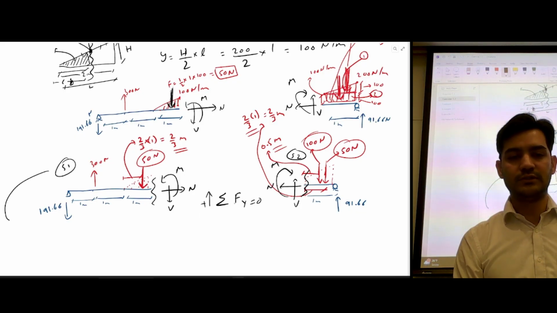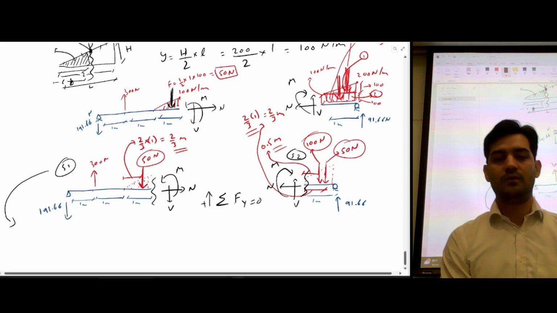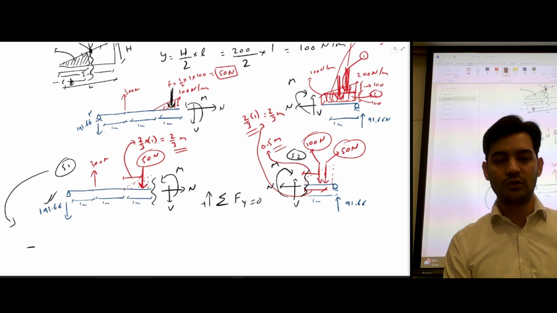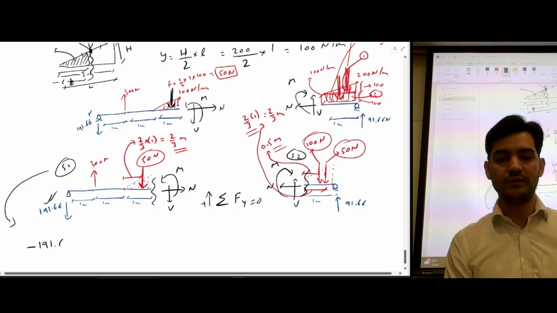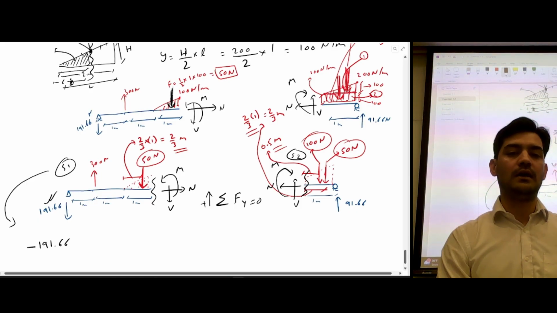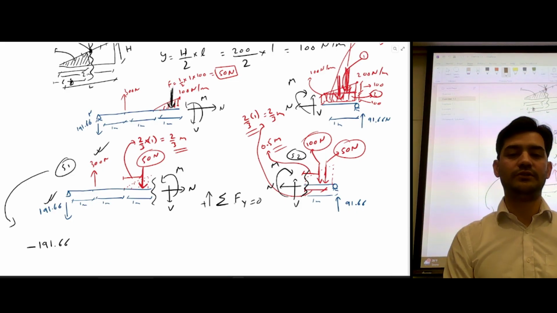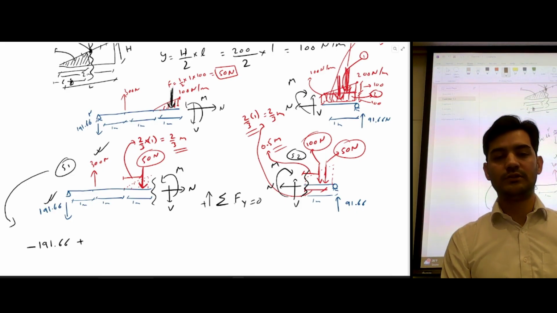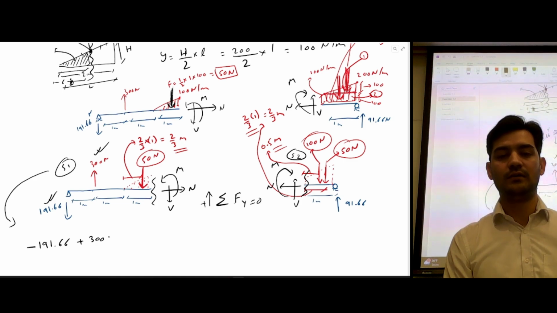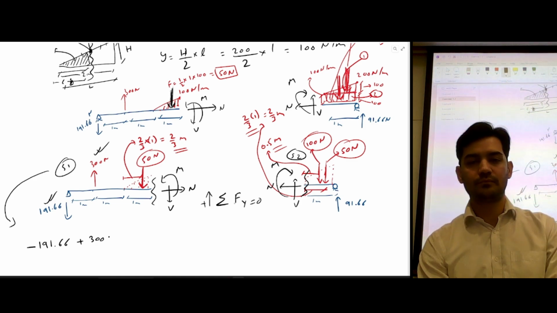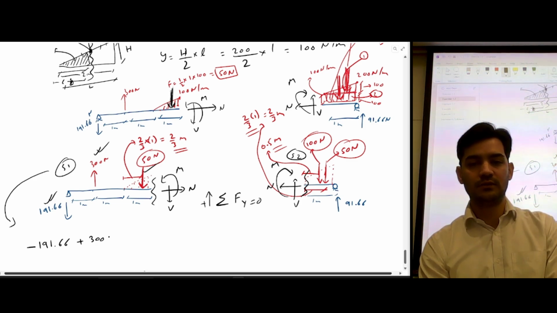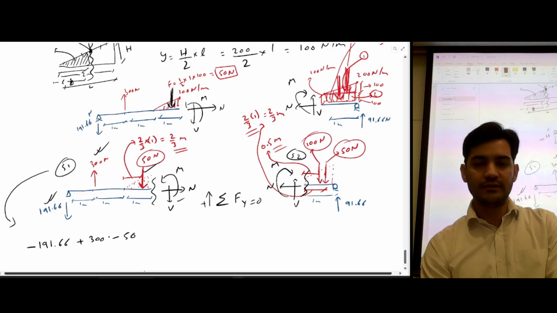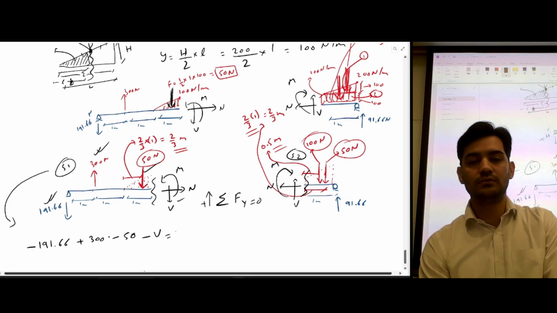So if we use this section here, we have this force which is acting downward, so it's negative 191.66. And then you have this force which is acting upward, so it's positive 300 Newton. And then you have this force which is negative 50, and shear force which is negative V, because shear force is acting downwards, so it's equal to 0.